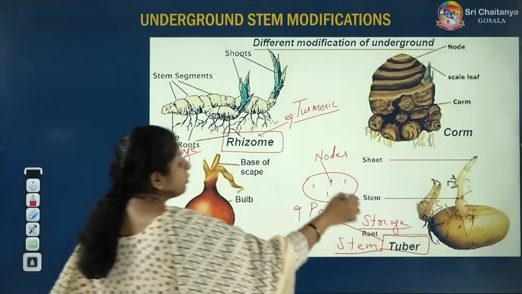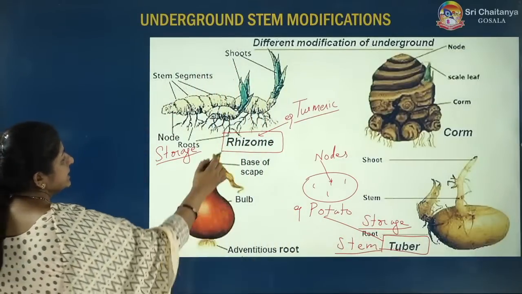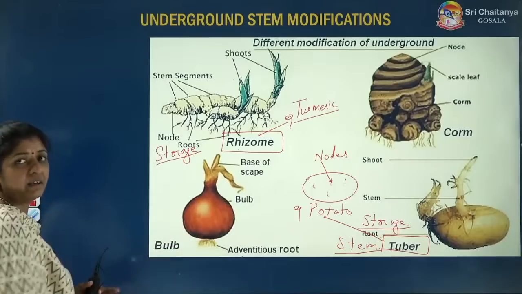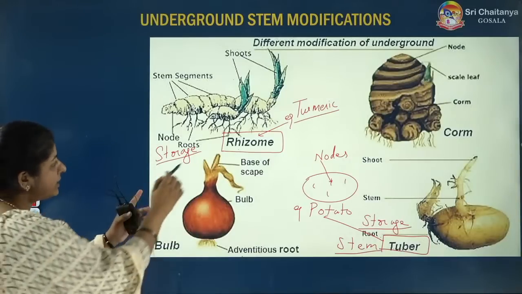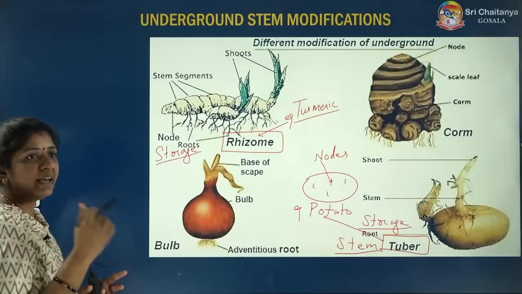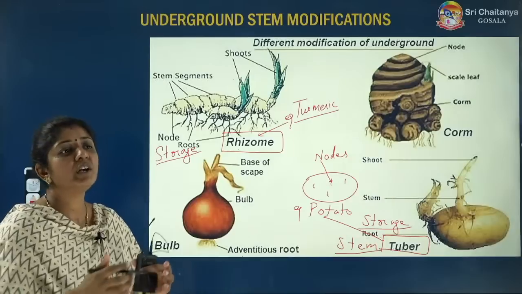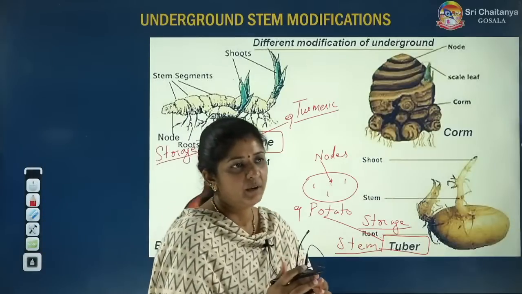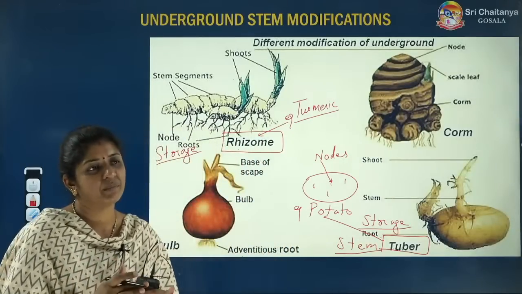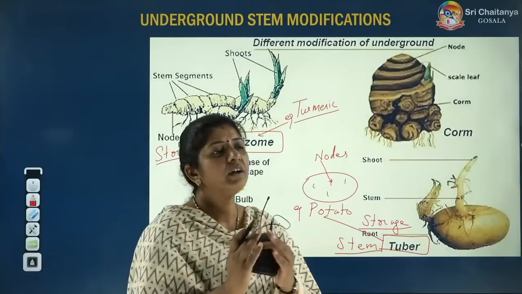Fine. One point I told you, tuber. This is one of the underground stem modifications. Second is a rhizome. Under this category, what example? Turmeric, I told you. Then modification. Modification means normally a plant part, like the stem, is performing the function of spreading or conduction.